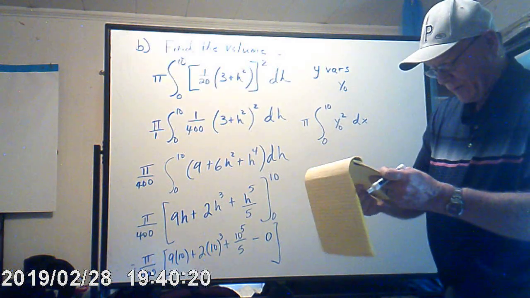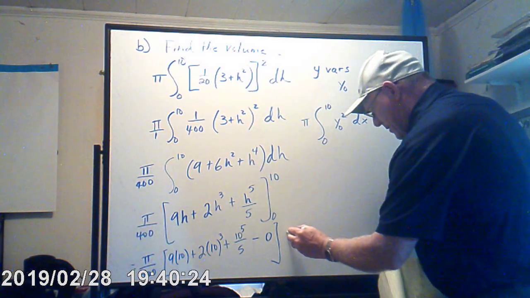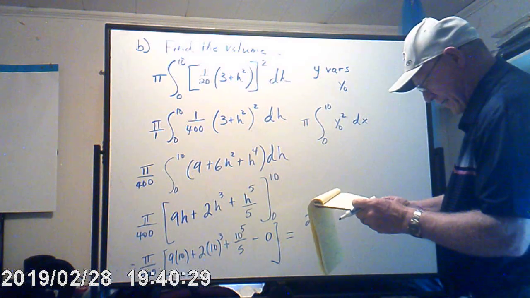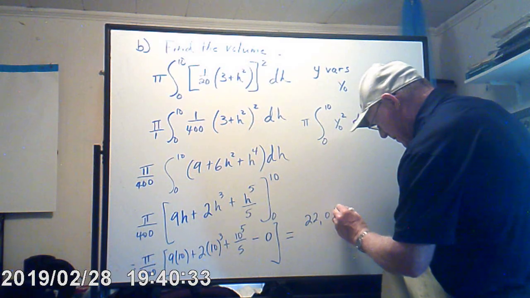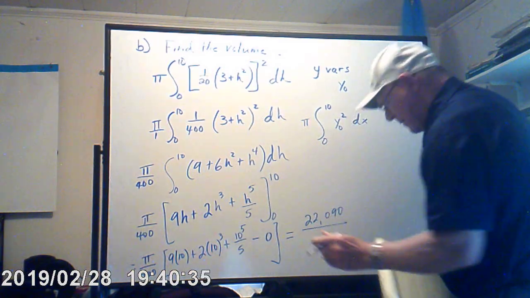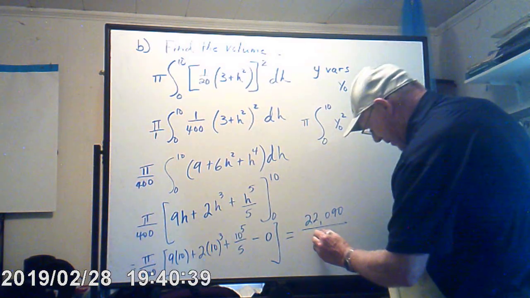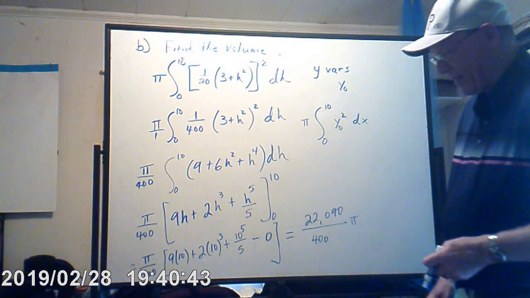And then the answer to that one is in lowest terms. I want to say you get 22,090 over 400, I think. Yeah, 400. Don't forget to put the pi on the end here.